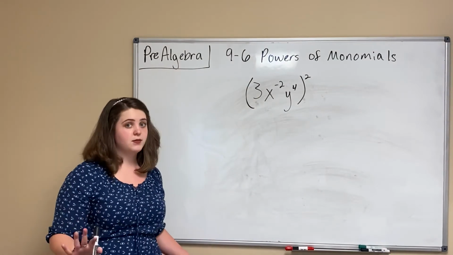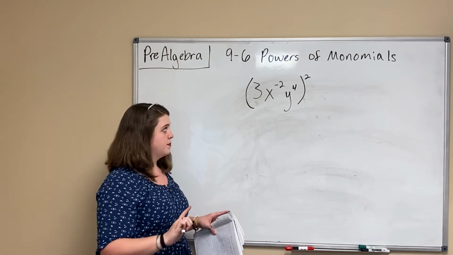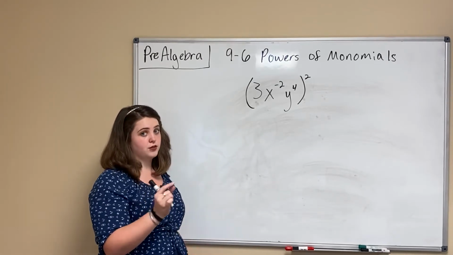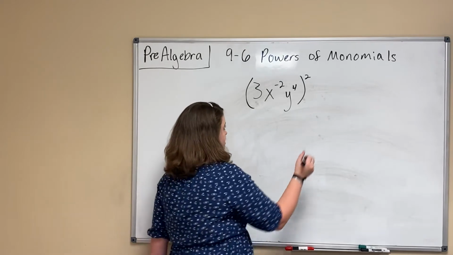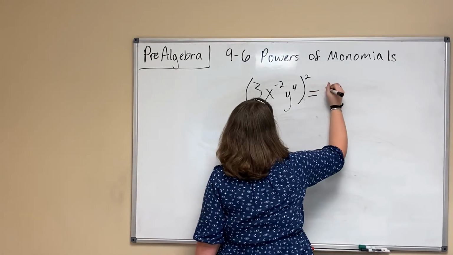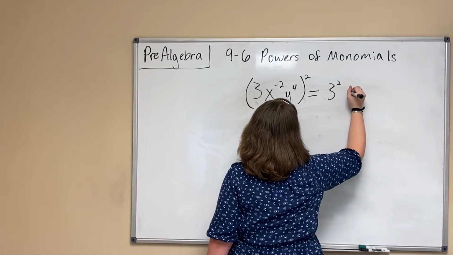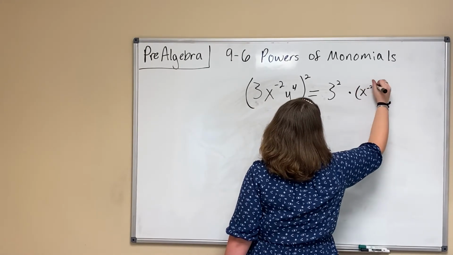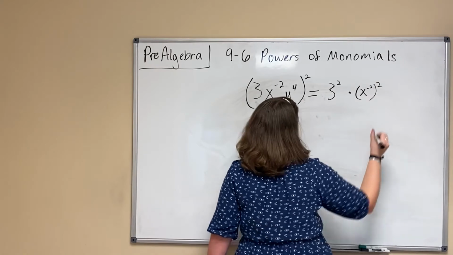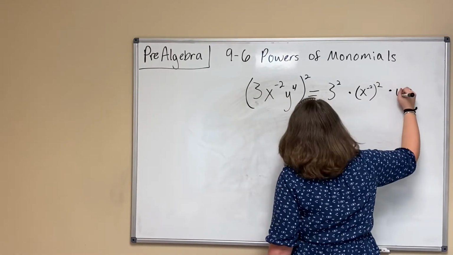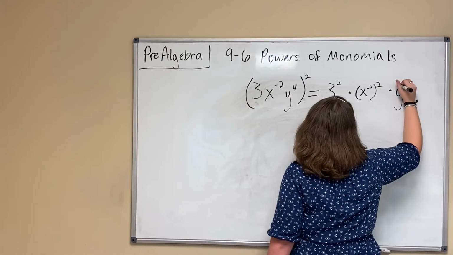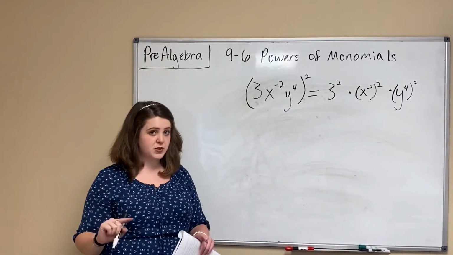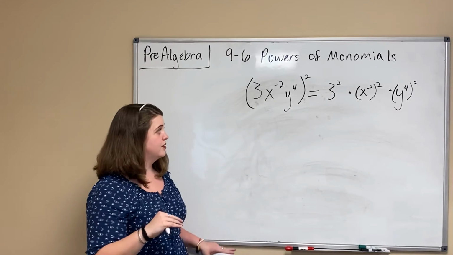Okay, we're going to do the same thing that we did in the last problem, where we're going to raise each piece of the monomial to the 2nd power. So I'm going to split it up into 3 squared times x to the negative 2 squared times y to the 4th squared. So I'm squaring each piece and then I'll put them back together.